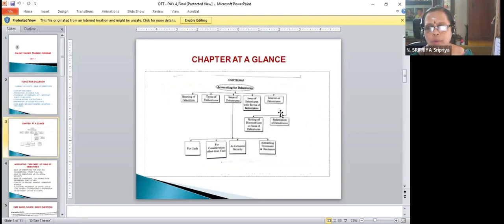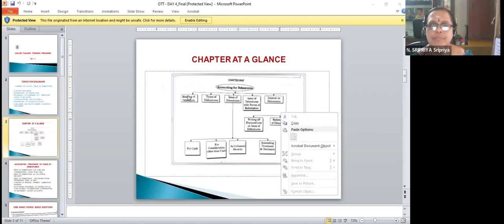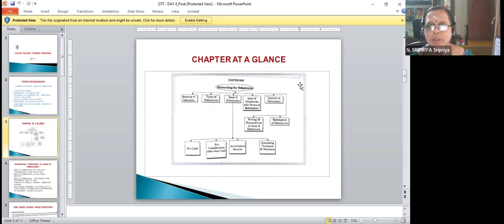Now, see if you can zoom it and see. I'm not able to expand it. Hey, I'm so sorry. I tried clicking something. Okay, my WhatsApp started coming up.